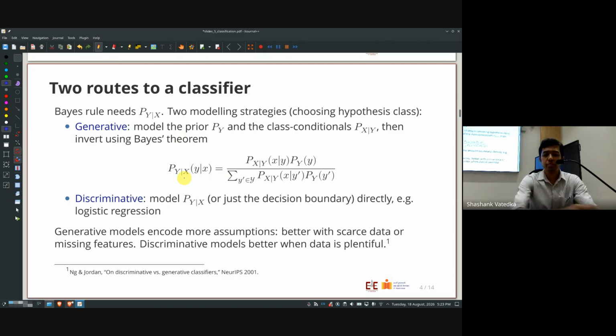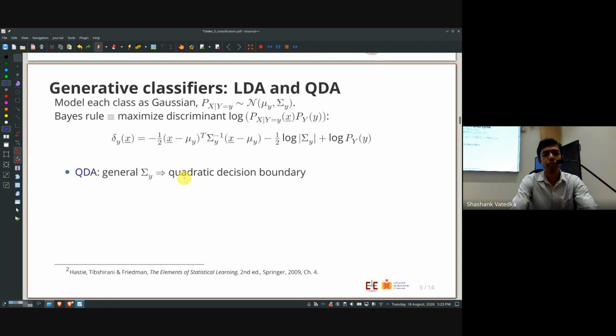In general, these generative models will require a lot more assumptions and are not so common these days. It's the discriminative models that we'll primarily look at. But nevertheless, we'll look at some classical generative classifiers, called linear discriminant analysis and quadratic discriminant analysis, wherein you model each class as being Gaussian, right?